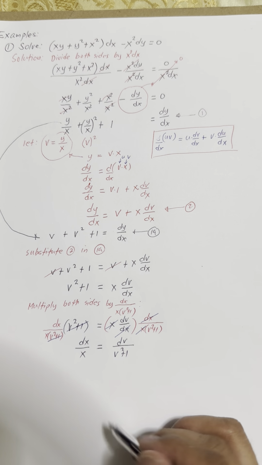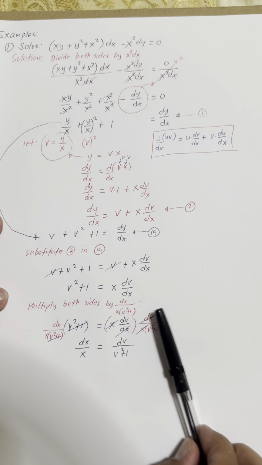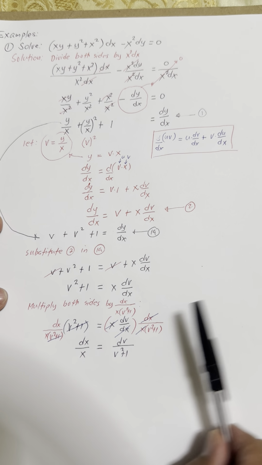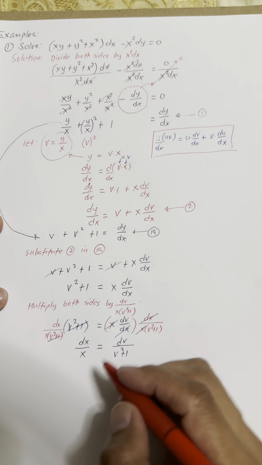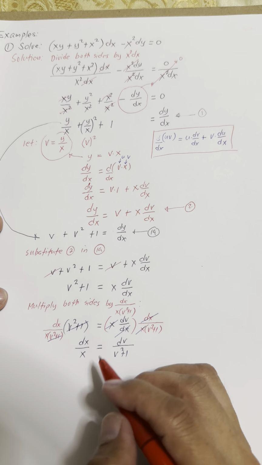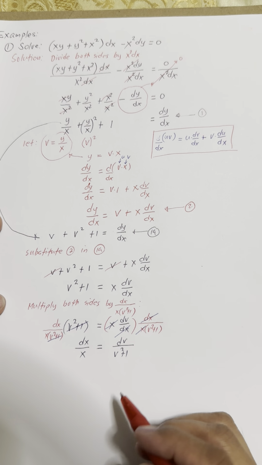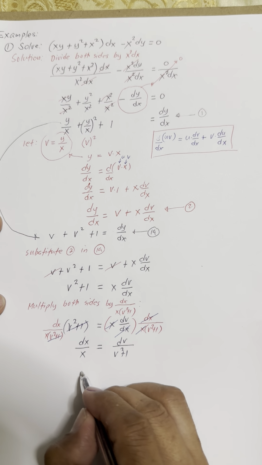So after the separation of the variables, we can now solve this equation using the technique that we have learned in variable separable differential equations. So what is the next step? The next step is to integrate both sides.